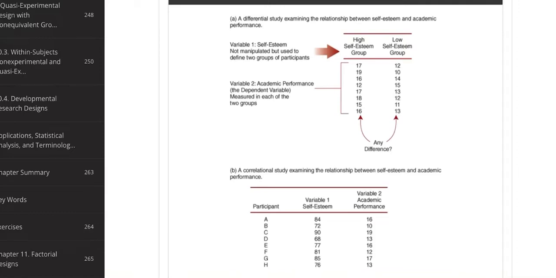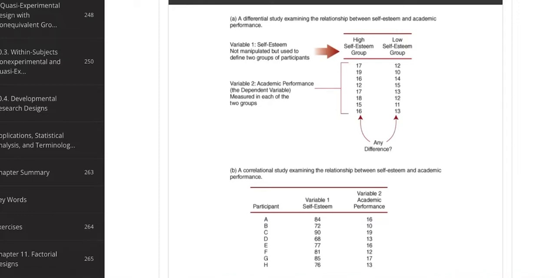And instead of comparing groups here, what they're doing is seeing if the numbers in the two variables move together. In other words, do they increase together or decrease together, or as one increases, does the other decrease, or vice versa? So they're seeing how the variables move together.